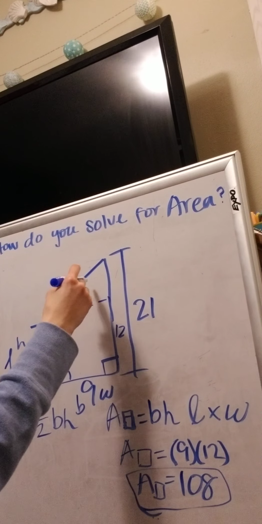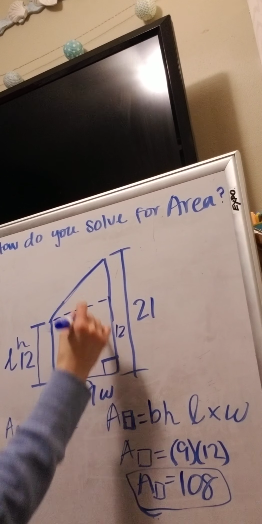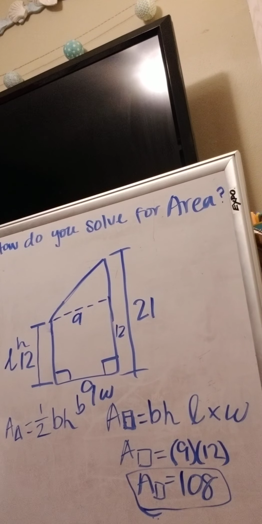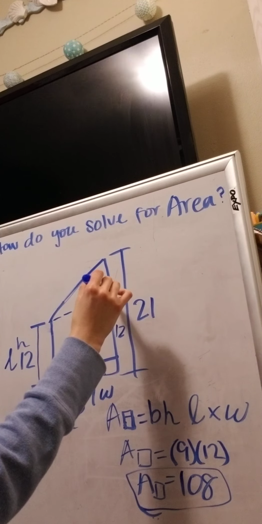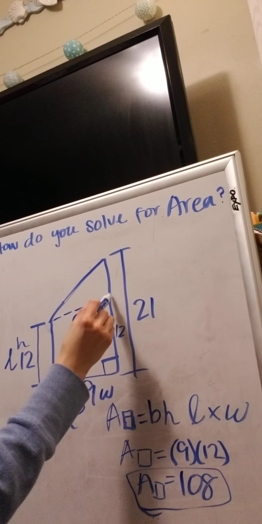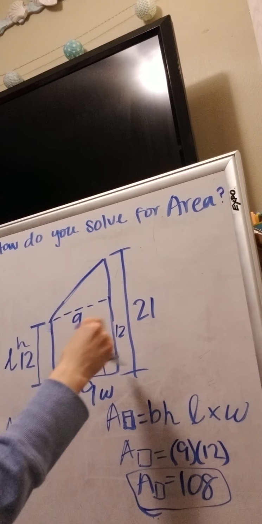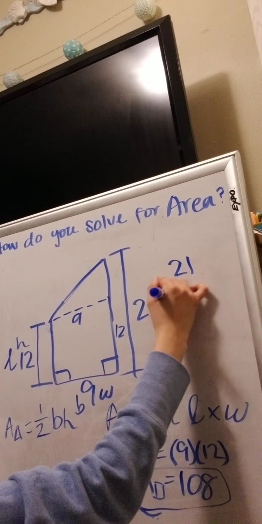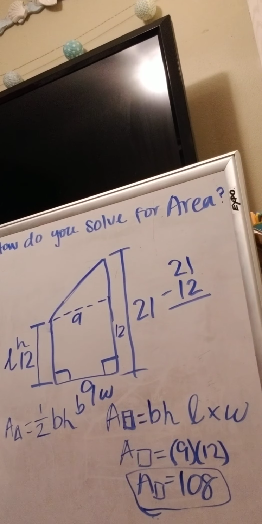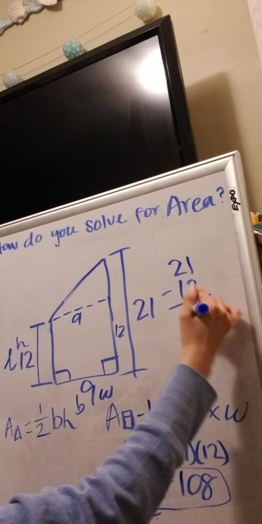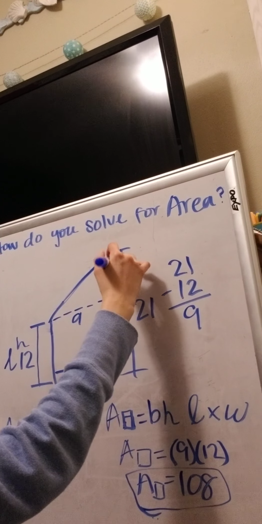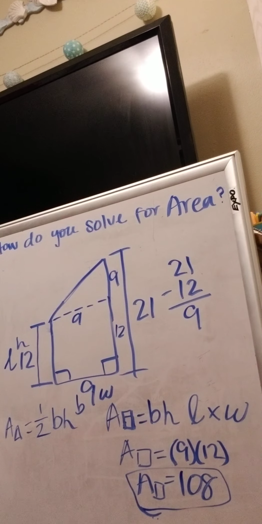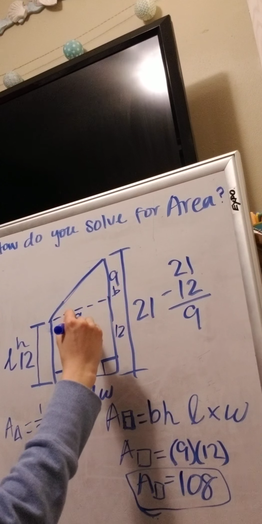Alright, so onto the triangle. So we know that this side is 9 because it's down here. So we know that this part is 12, but this entire part here, the height, is 21. So we're going to take 21 and subtract 12. It's going to give us 9 up here. So we now have the base and the height.